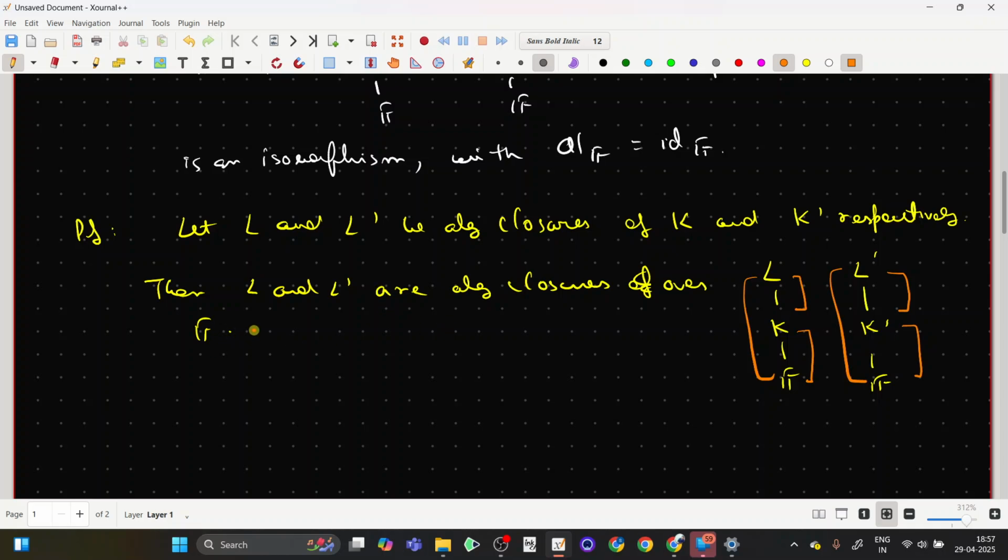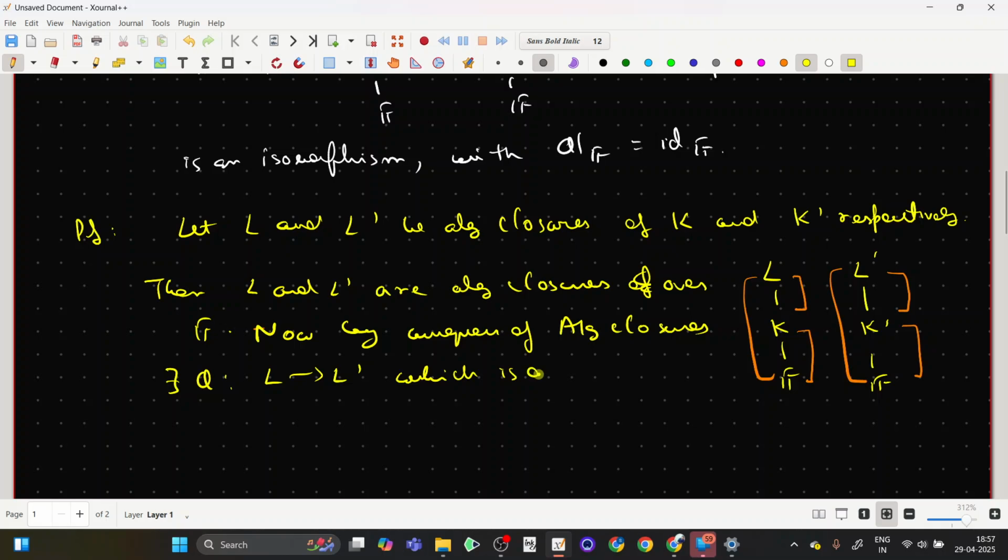Now we understand why we introduced the algebraic closures, because by uniqueness of algebraic closures, there exists phi from L to L prime, which is an isomorphism, such that phi restricted to F is the identity. Getting my point?